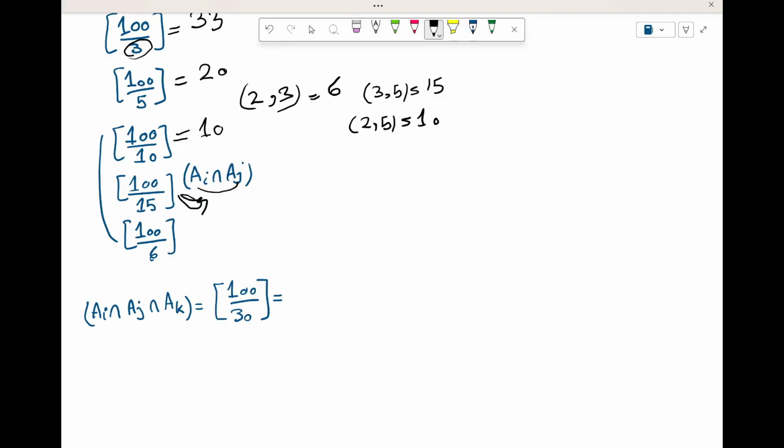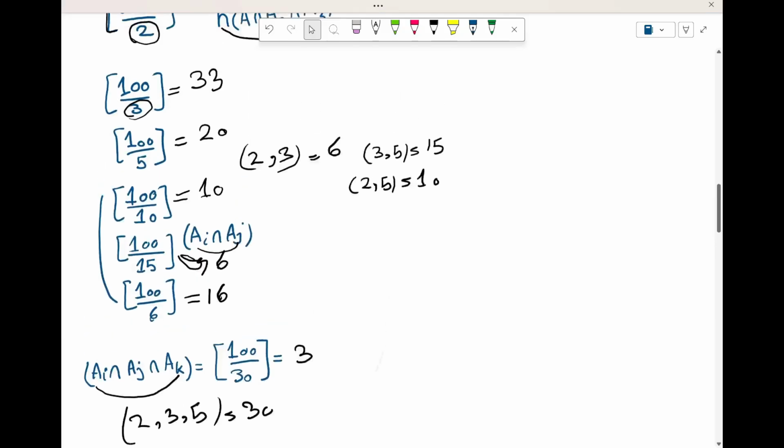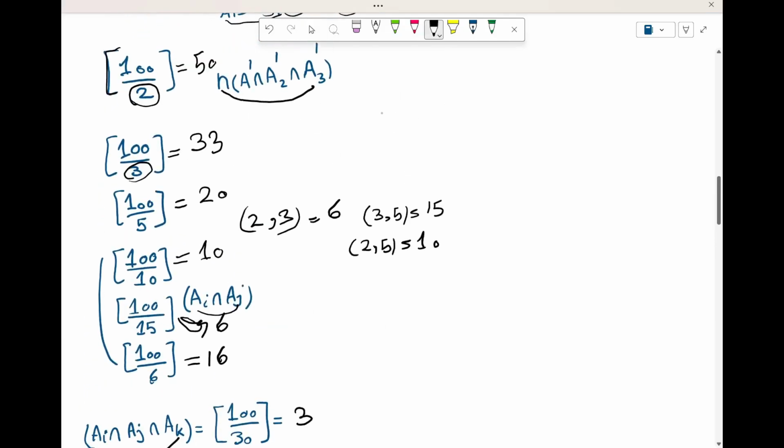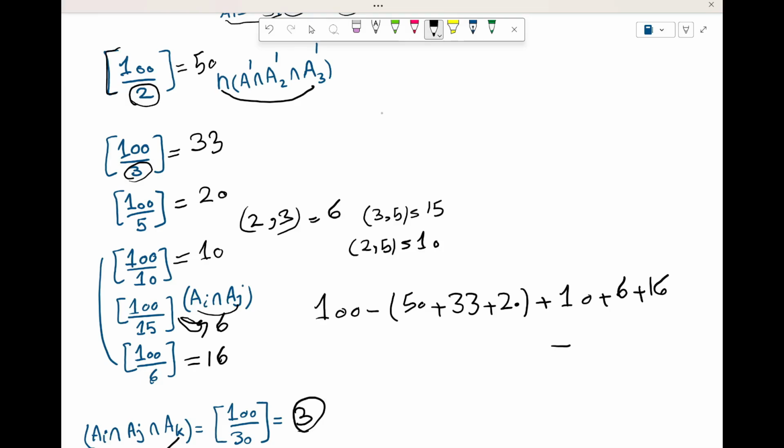This one is 6, yes, and the other one is 16. But the intersection of the triple, 2, 3, 5, yes, is 30. 100 over 30, the answer is 3. Therefore, we must calculate all these members: at first the universal set 100, minus 50 plus 33 plus 20, but plus 10 plus 6 plus 16 minus the triple, which is 3.